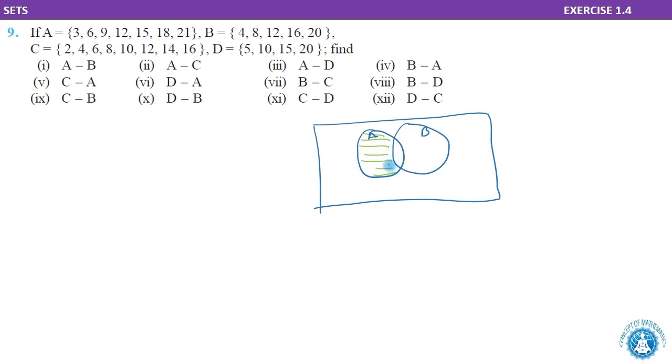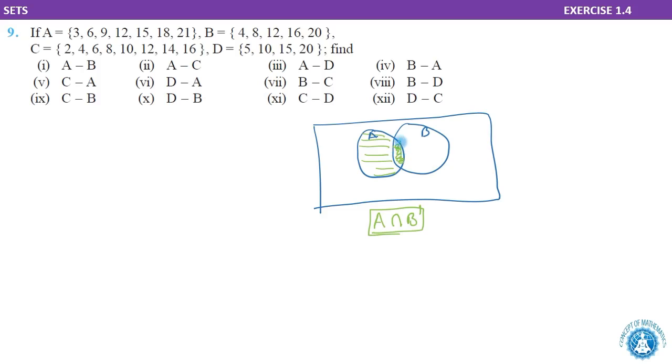That means all elements of A other than those of B, except the elements which are common to both. That means A intersection B complement. So this will be the difference of sets, that is, we remove the elements which are common to both.